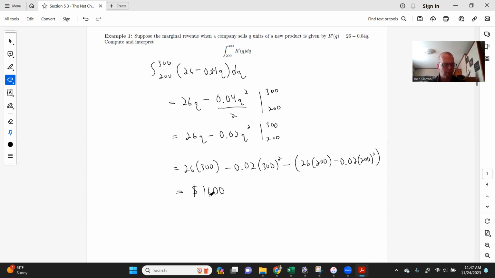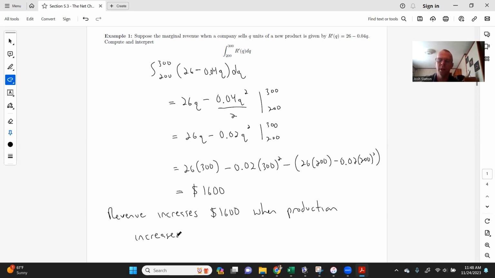Now it says interpret. So what does this mean? So the revenue is positive, so we are increasing. So revenue increases $1,600 when production increases.